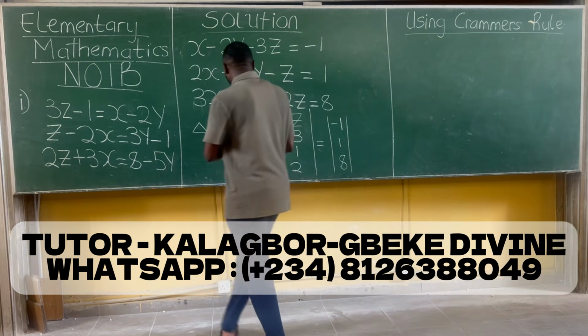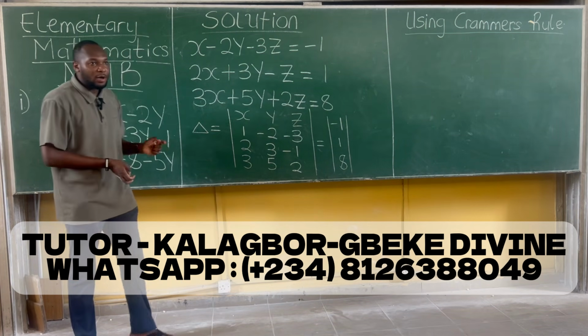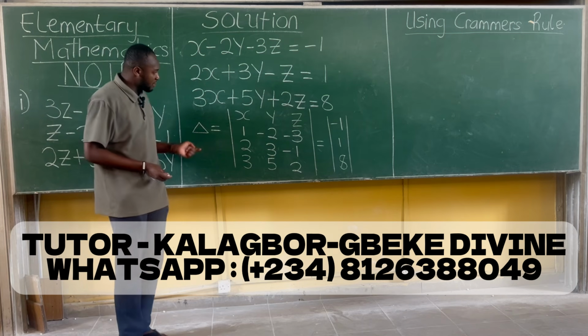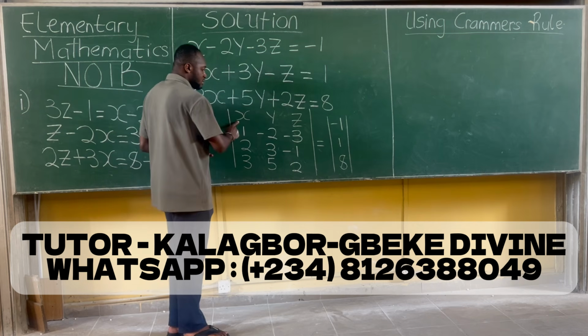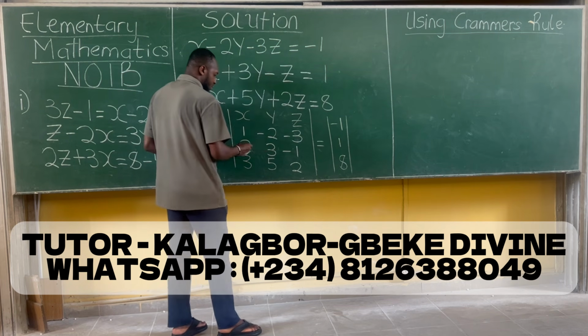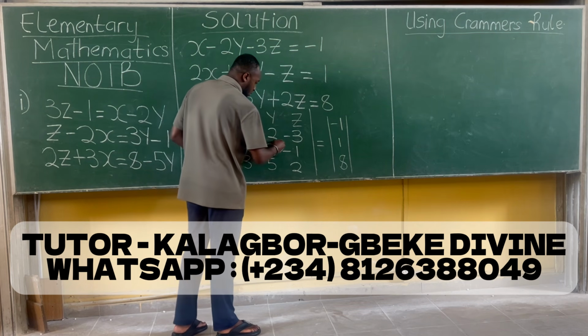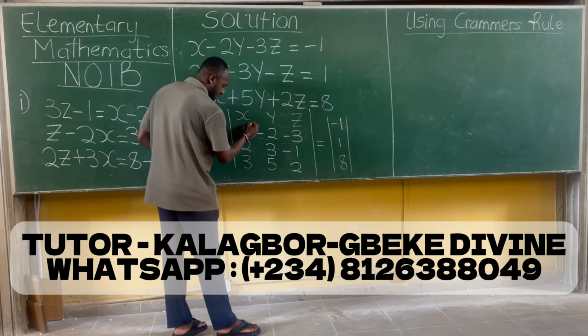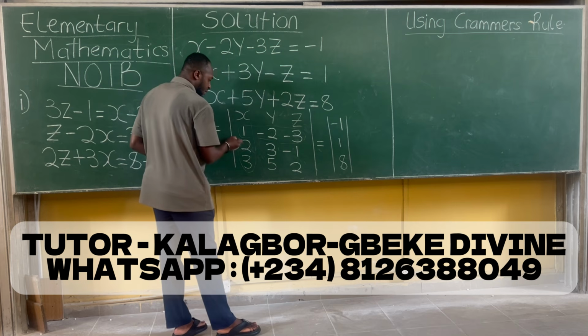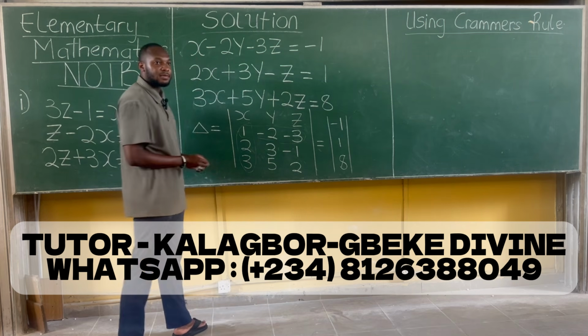Now watch closely. See how we are going to find the determinant. Now, we'll cover this place and this place. Let me just draw a small line showing you this. We'll cover here and here. Are you seeing it?